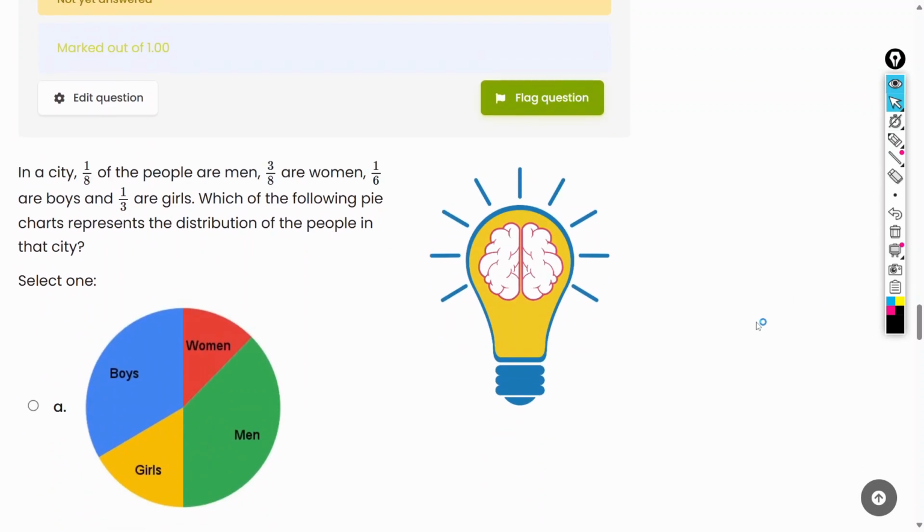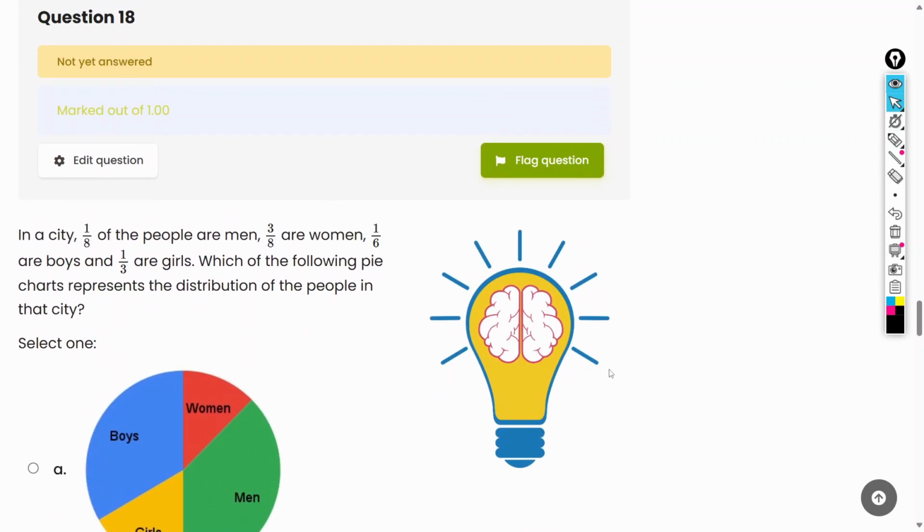In a city, 1 over 8 of the people are men, 3 over 8 are women, 1 over 6 are boys, and 1 over 3 are girls.